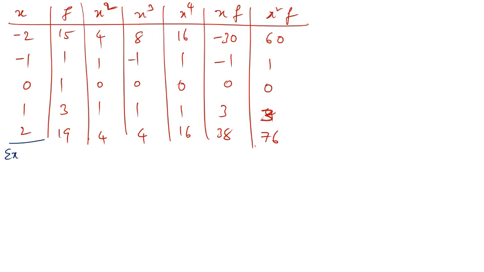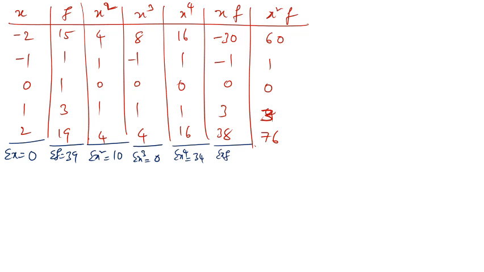What is sigma x? Sigma x is 0. And sigma f value is 39. Next, sigma x square is 10. Sigma x cube is 0. Sigma x power 4 is 34. And sigma x into f is 10. And lastly, sigma x square into f is 140.